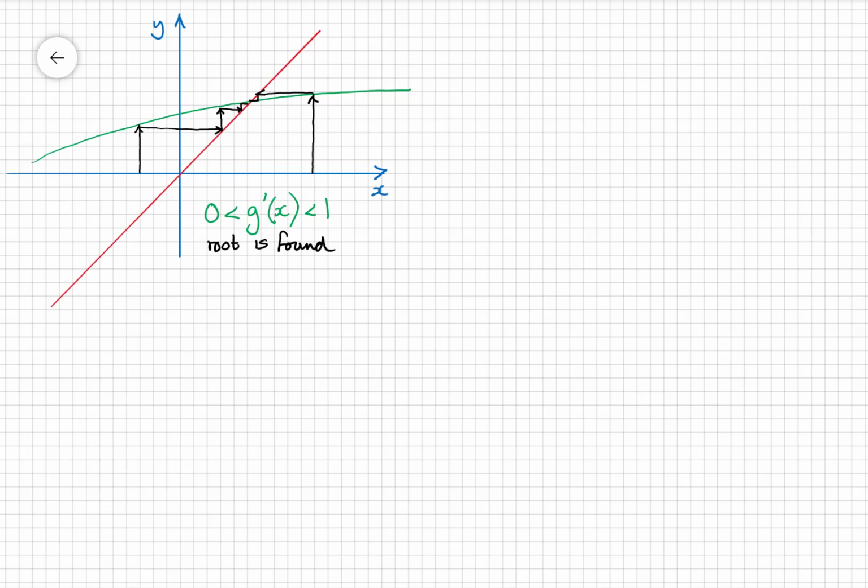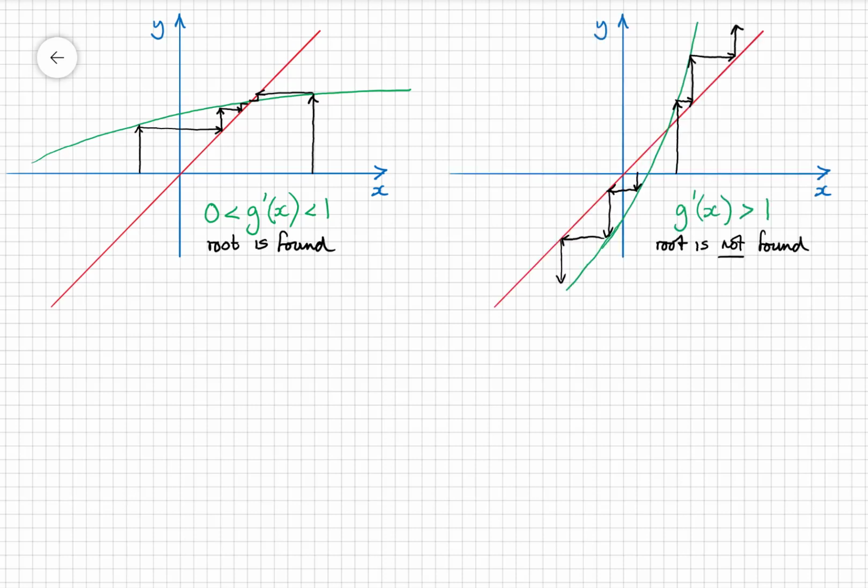And I've shown the staircase diagram, broadly speaking, that would result from a starting value either just above or just below the actual solution that you're searching for. However, if your gradient is positive and is greater than 1, then the sequence of values will diverge and won't find the root. And you can see the two staircase diagrams for values starting either side of the root in that case.